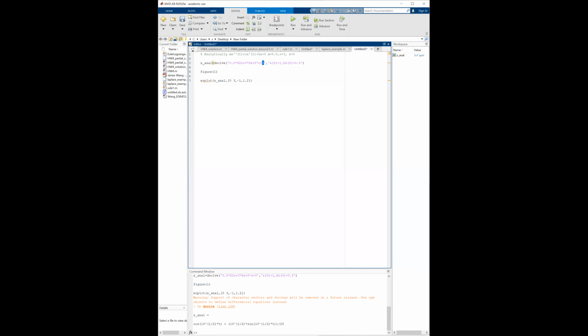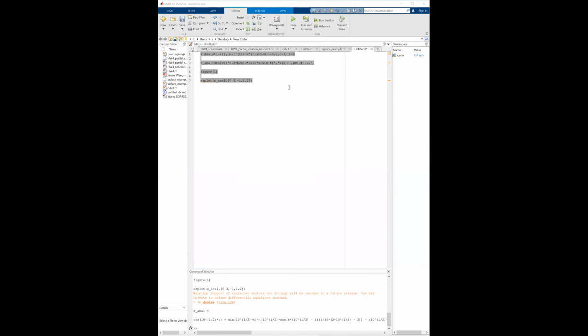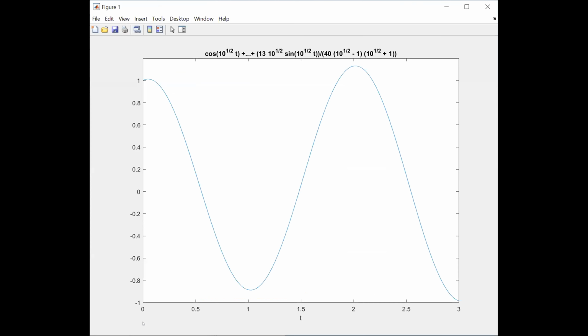So I'm going to change this to sine t, and I will again solve this expression. Now I'm going to show you my results, and you would see the results something like this.